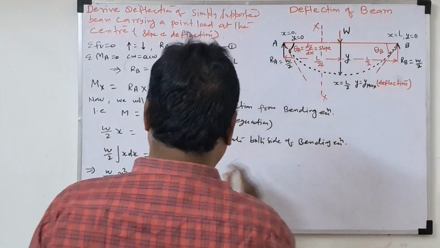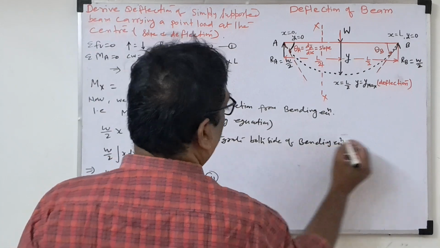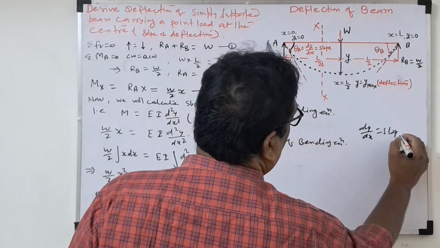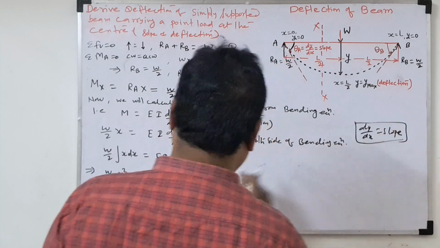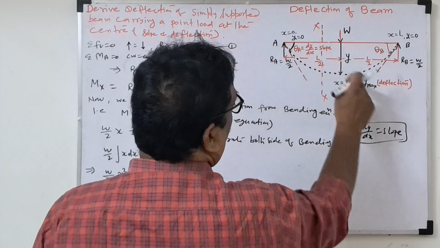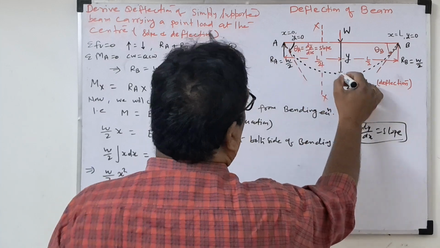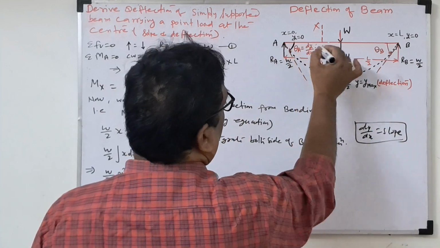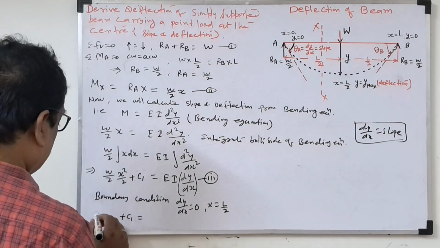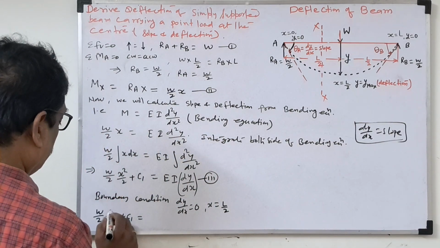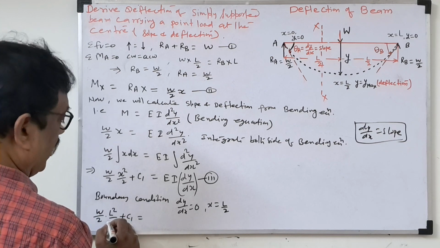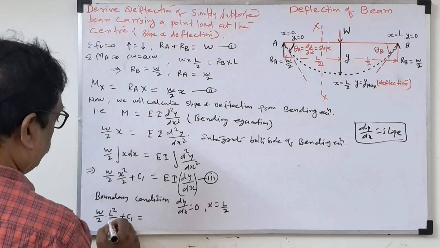Dy by dx is nothing but slope, so we have to make slope equal to 0. Slope will be 0 when x equal to L by 2. Slope is maximum here; theta is nothing but slope. So here, a little change: W by 2 into L square by 4 into 2, 8.